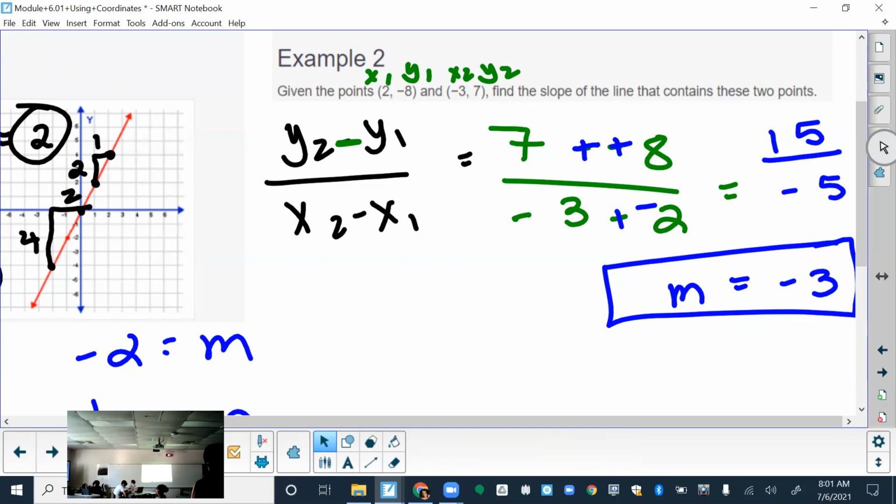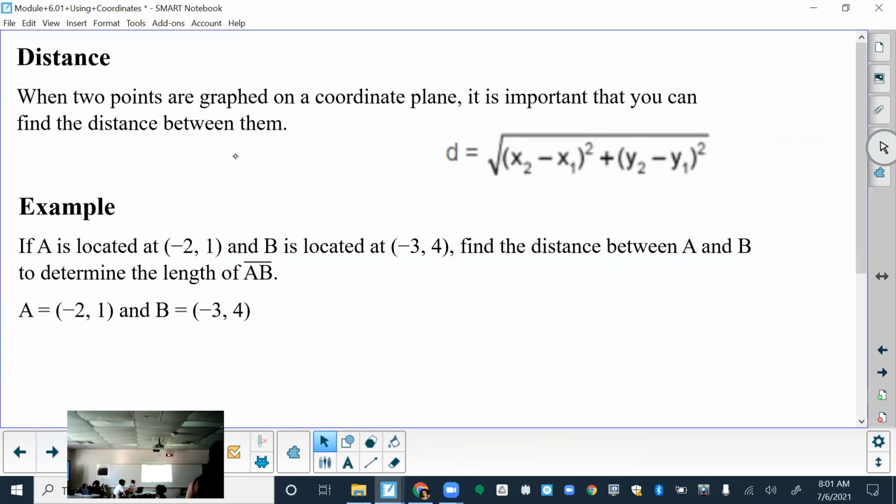All right, so next page, distance. When 2 points are graphed on a coordinate plane, it is important that you can find the distance between them. So here's the formula that will be provided for you, assuming that you bring your notes and you don't lose your notes. Here's the distance formula.